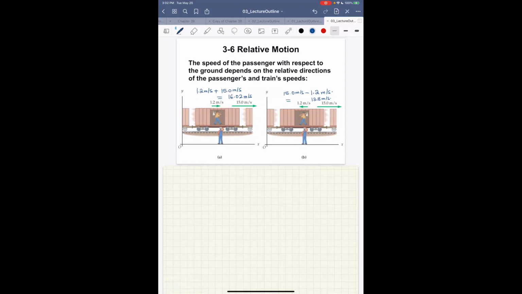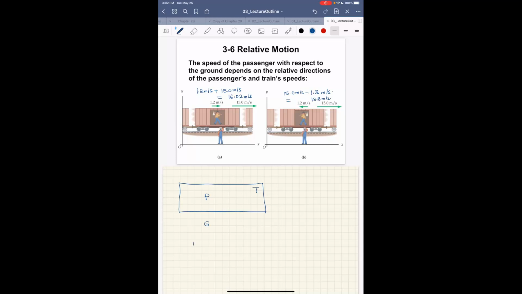I have different frames of reference. One of them is the train, T. For the person or the passenger, I'm going to refer to P. And for the one outside, on the ground, I'm going to refer to it as G.